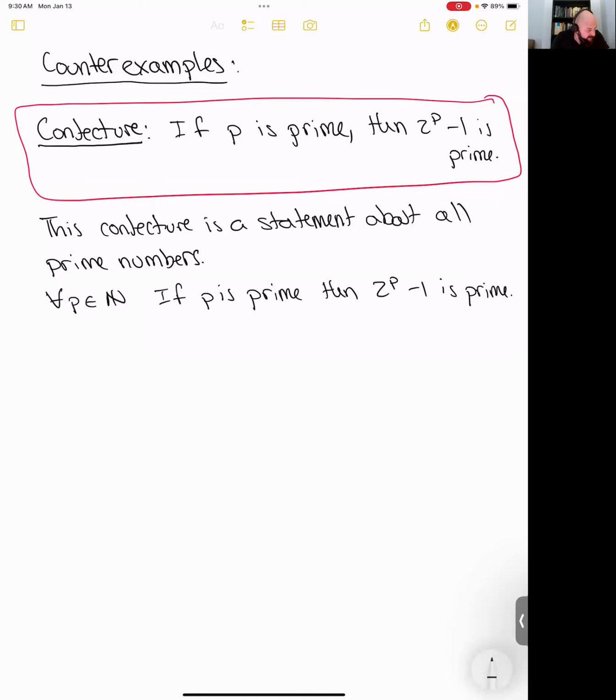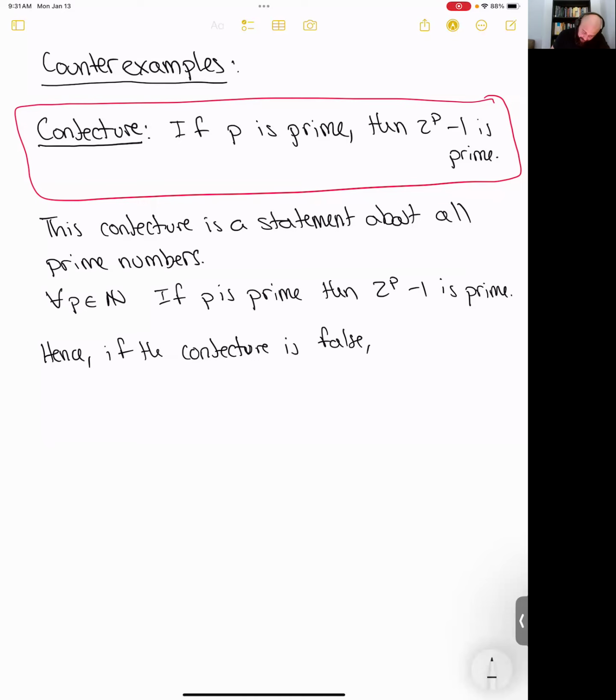But what I want to make clear is that there is a for all lurking here, a quantifier for all, right? And so the point is that hence, if the conjecture is false, if you want to say that a for all statement is false, you just need to give me one example, because then it's not true that they're all the case, right? So if you can just give me one example, then the for all implication is false.